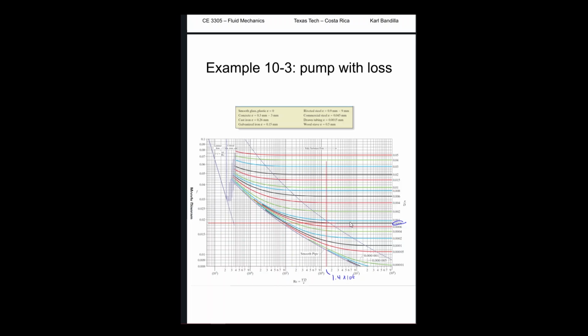We're kind of in the area where the coefficient doesn't change very much anymore. So if we go over here, this would be 15, 16, 17, 18, let's say 18.8. So 0.0188. That's what we read off.